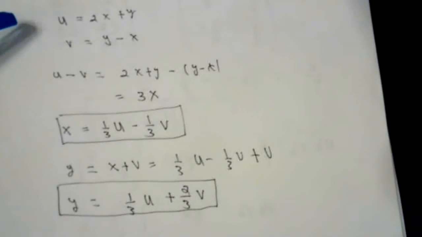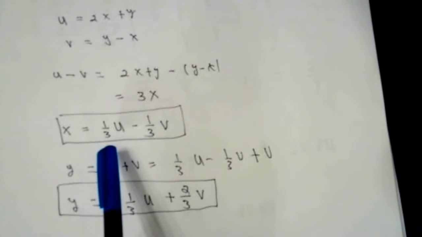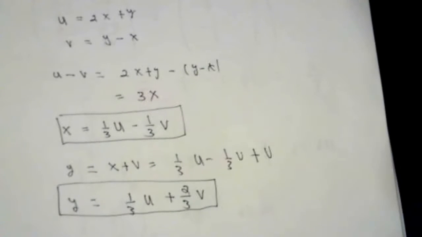If I take the fact that u is 2x plus y and v is y minus x, if I subtract those two equations, if I look at u minus v, that turns out to be 3 times x. That means x is 1/3 u minus 1/3 v.